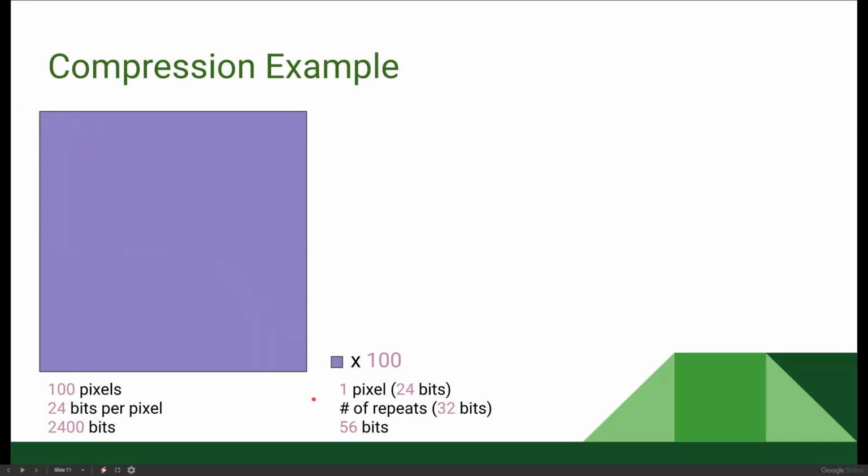So we're going to store the RGB value for a single pixel, and we're going to store how many times we're repeating that pixel, which is going to total up when we add 24 to 32. We can store that same information in 56 bits rather than 2,400. We've saved a whole lot of space by using that compression system, saying I'm repeating this pixel that many times rather than storing the information for every single pixel all by itself.